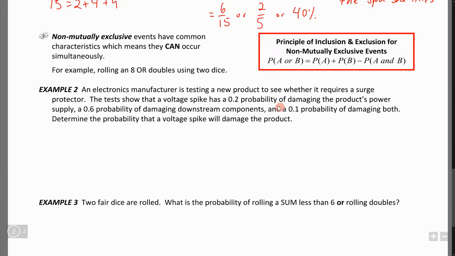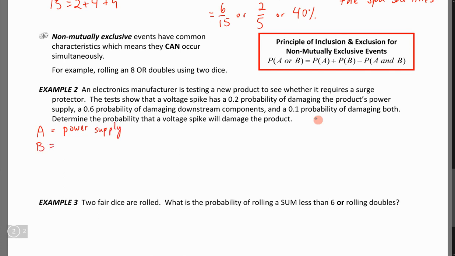Okay, so there's probably 10% missing somewhere along the way, but we're just going to use these numbers. So determine the probability that a voltage spike will damage the product. Let's define the event. So A will be referring to damaging the power supply.